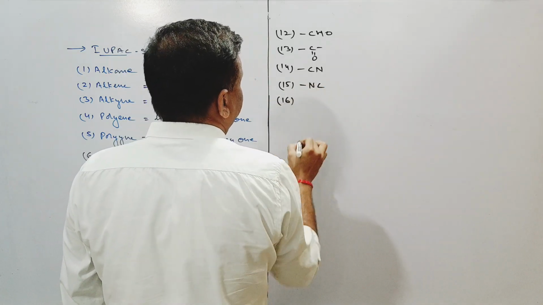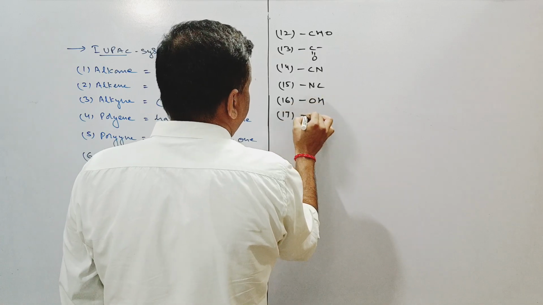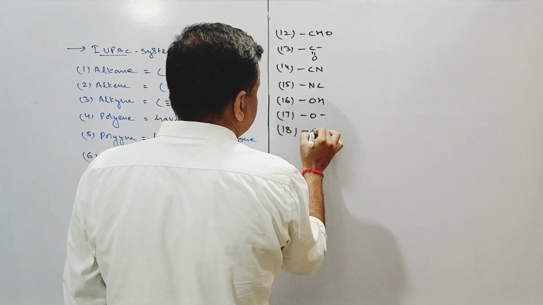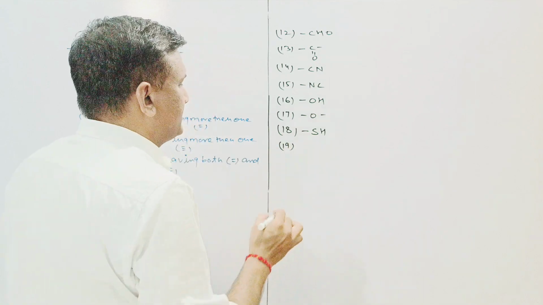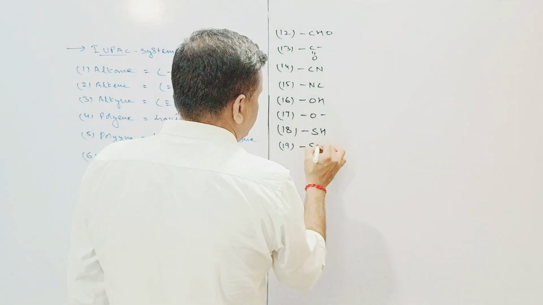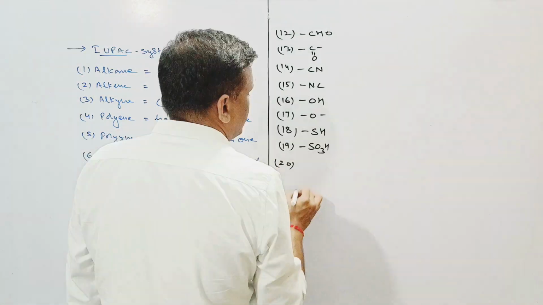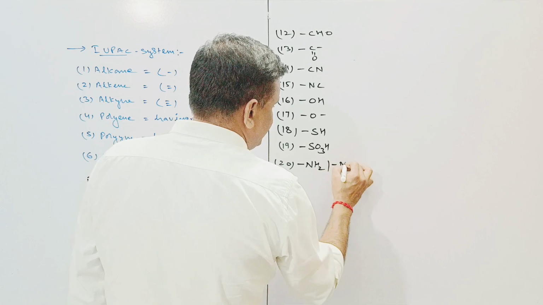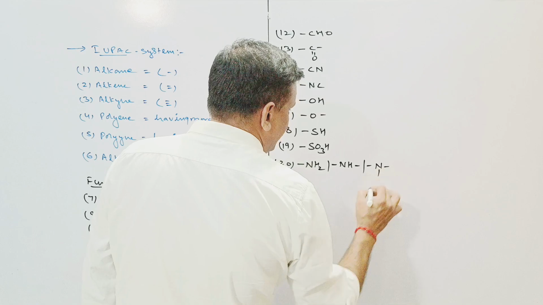16 is alcohol. 17 marking will be for ether. 18 marking will be for thioalcohol. 19 marking will be for SO3H, this is sulfonic acid. 20 marking will be for NH2, 1-degree amine, NH, 2-degree amine, and N as a 3-degree amine.